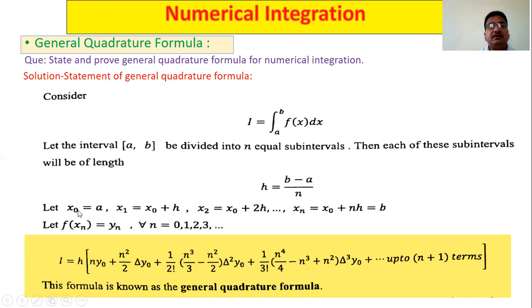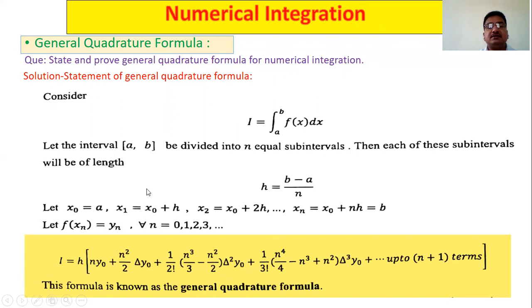Then this interval a to b is divided into n sub intervals, and the end points of those sub intervals are as follows. The first point is a, denoted by x0, and the next point is x0 plus h, or a plus h, denoted by x1.